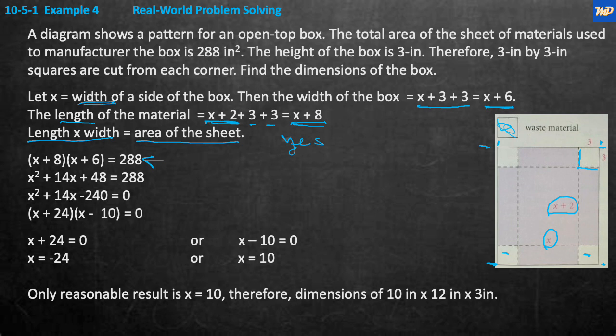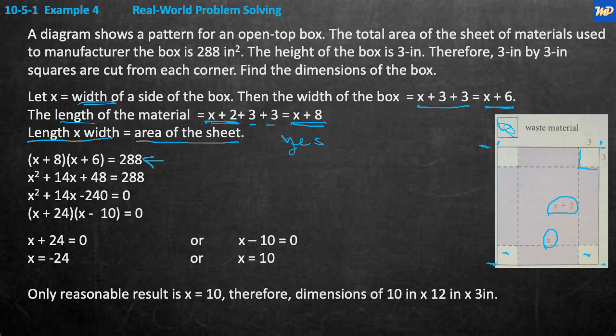So now we're going to multiply these two binomials together. And first of all, we're going to move the 288 over to the left-hand side of the equation. Excuse me, I was trying to get my left and right straight.